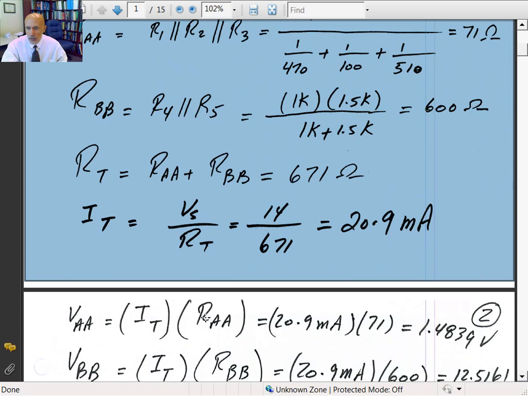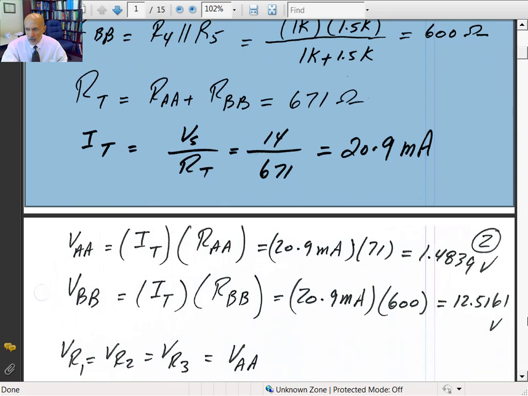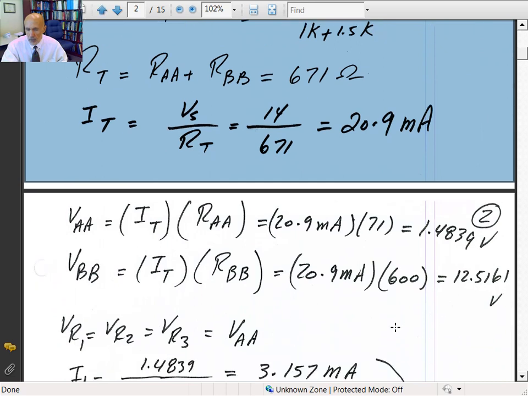So I take I total multiplied by R of AA, that gives you 1.4839. And the same thing with the voltage across BB, that's I total times the resistance R of BB. That gives you about 12.5161.